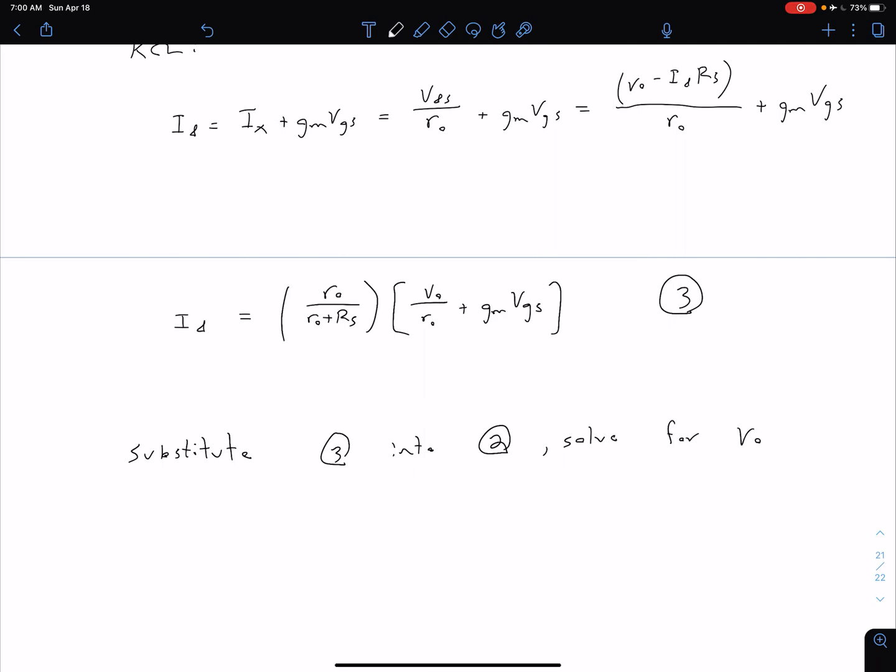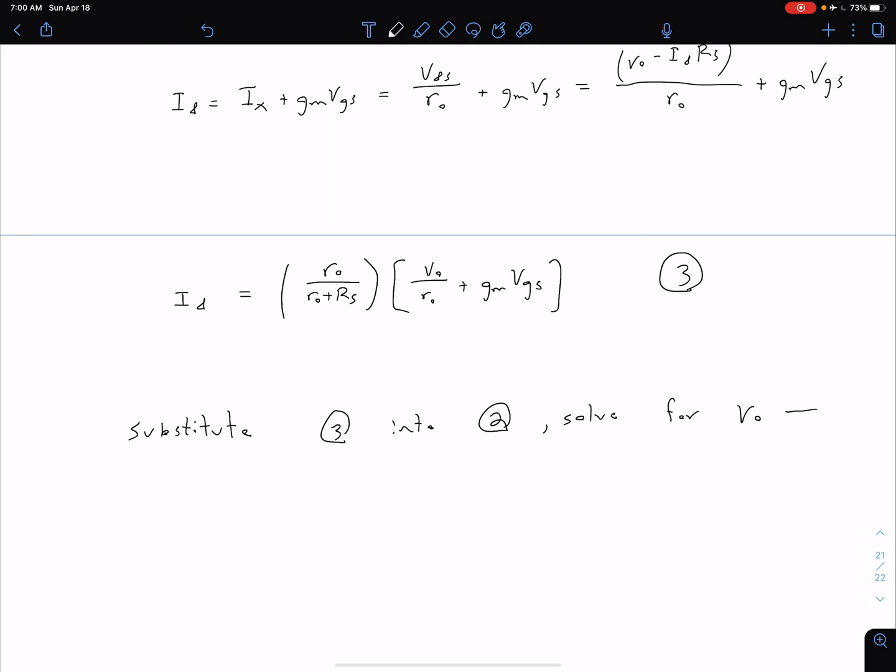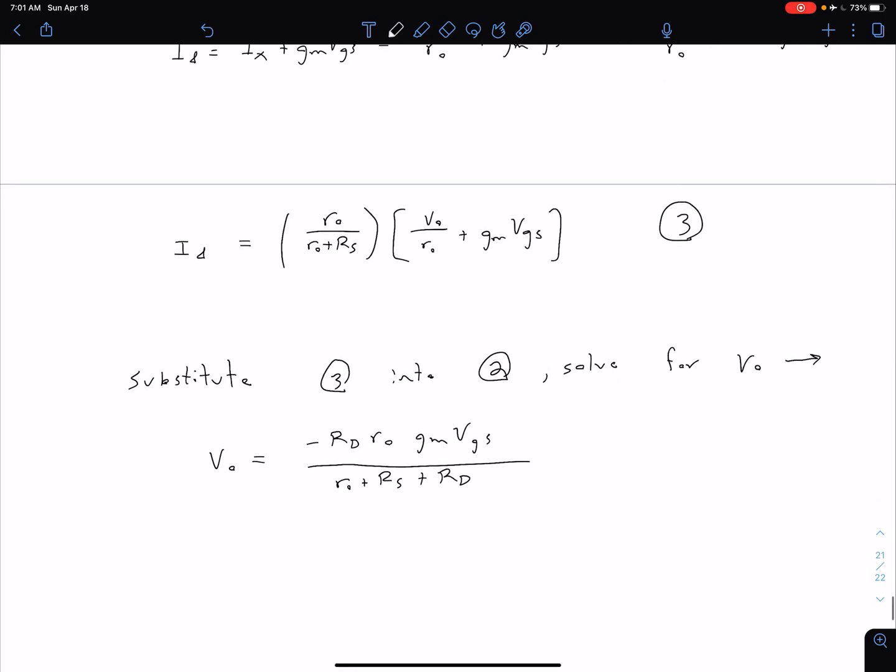Skipping over some of the steps, but if you want to see more details on that, what we're going to end up getting is that our V out is equal to negative RD times R naught GM VGS, all of that divided by R naught plus RS plus RD. So a relatively simple expression for our output voltage. And let's call this equation 4.